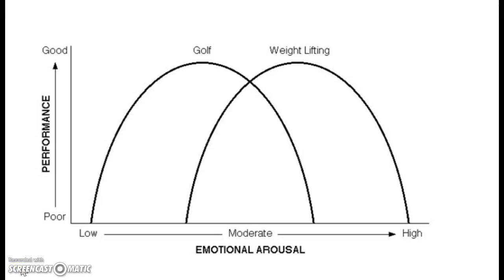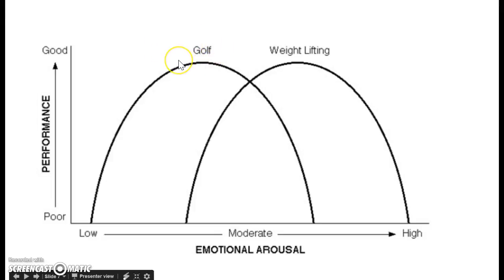So different sports or different activities will require different levels of emotional arousal. This diagram is comparing playing golf with performing weightlifting activities and the level of arousal required to perform best in each of the two different activities.